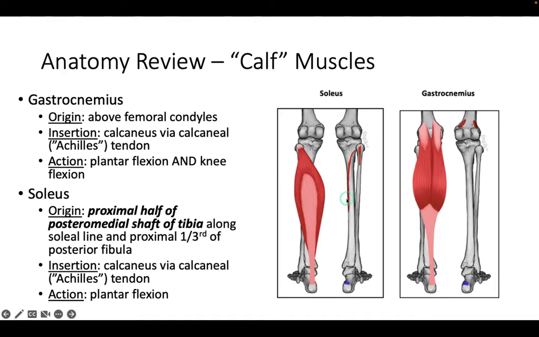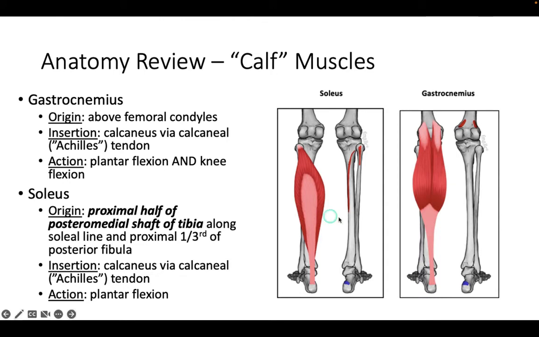I'm going to focus on the tibia. For the tibia, it's on the proximal half of the posterior medial shaft. We'll talk about how the soleus is thought to be one of the muscles causing this injury. If the muscle is what is causing the injury, you can think, okay, posterior medial is one of the aspects of where that pain was coming from.